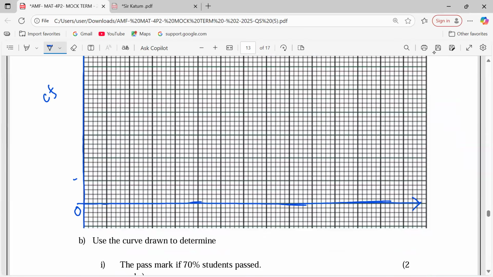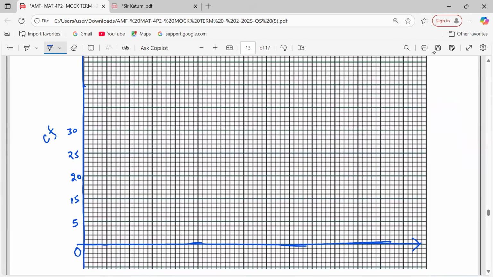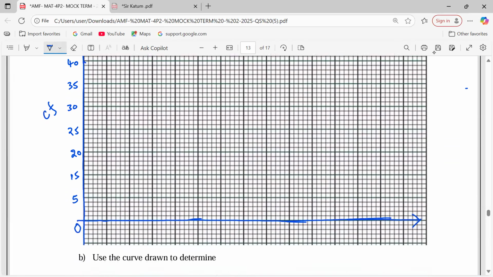So let me check. 5, 10, 15, 20, 25, 30, 35, 40, 45, 50. Yeah, I think that's a good scale.